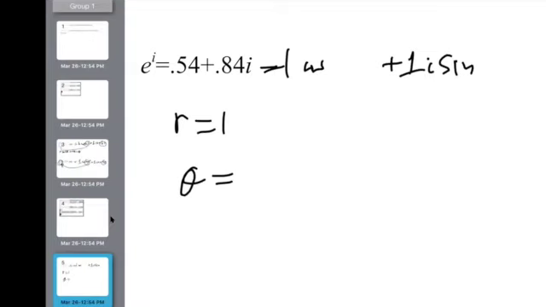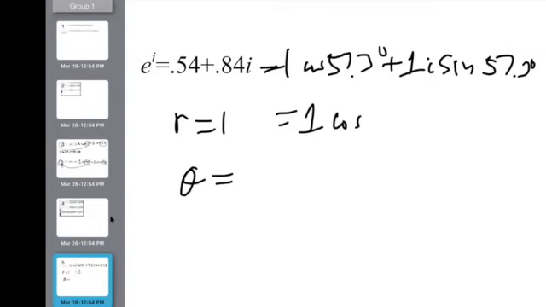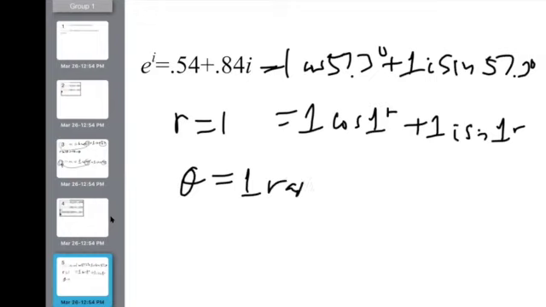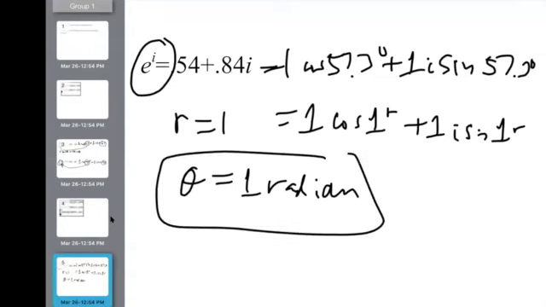And there we go. It's 1 radian. 57.3 degrees, which is the same thing as 1 cosine 1, I'll put a little r there for radian, plus 1 I sine of 1 radian. So for the special case of e to the I, the theta is 1 radian.